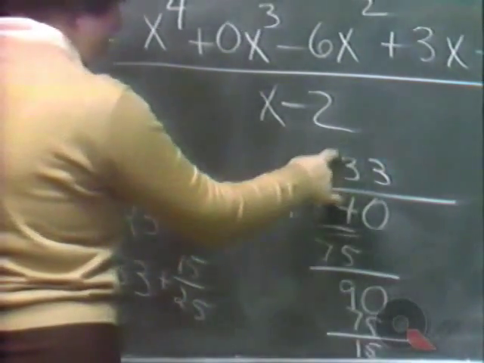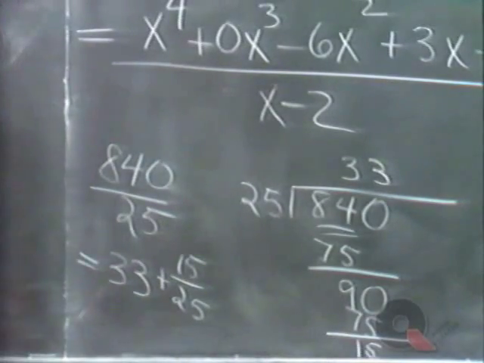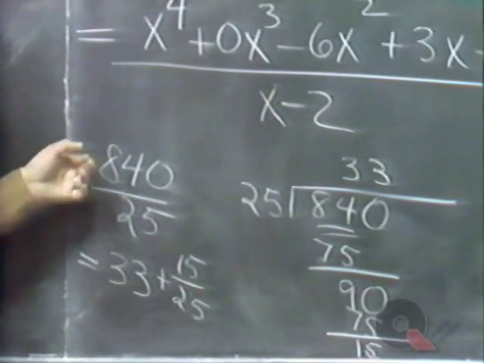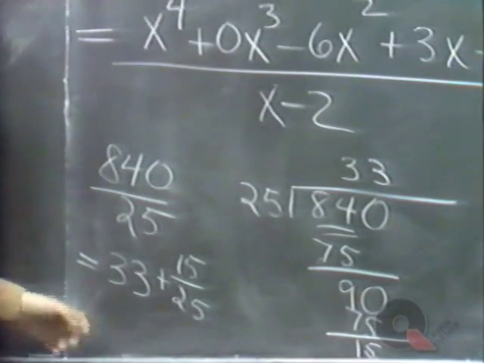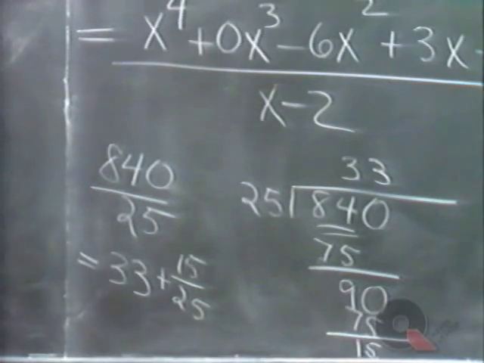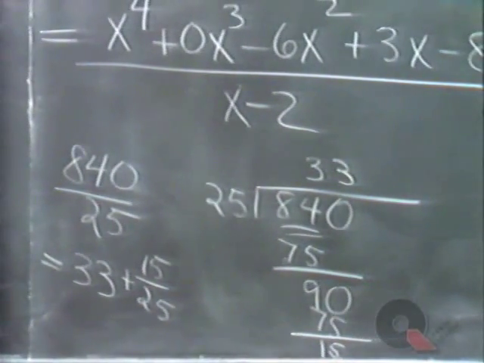That is 33 plus 15 over 25. Okay, if you were to change this into 25ths and add this, you would get 840 over 25. We're going to do the same kind of thing when we're working with the algebraic long division as we did with the arithmetic long division.